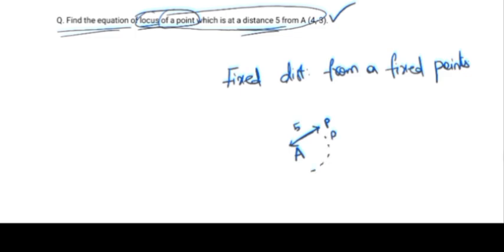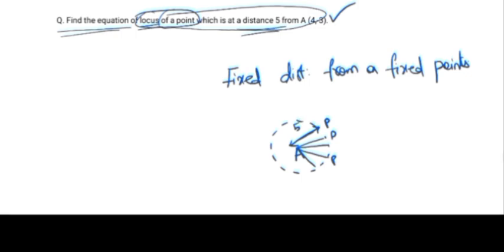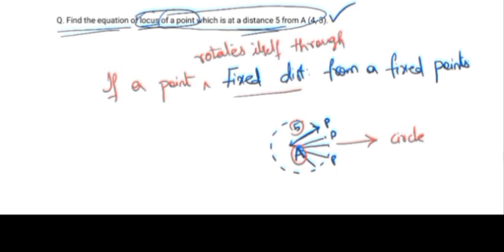Even if P is here, the distance is 5 in all the cases. P is, in other words, rotating itself with a fixed distance from a fixed point. This is your fixed point and this 5 units is your fixed distance, and the shape we are creating here is a circle. If a point moves through a fixed distance from a fixed point, it results in the formation of a circle.